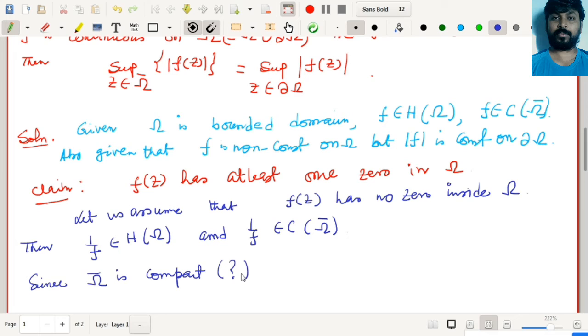Because it is closed and bounded in C, so it is compact, and modulus of f(z) as well as modulus of 1 by f(z) is continuous, so their supremum exists.